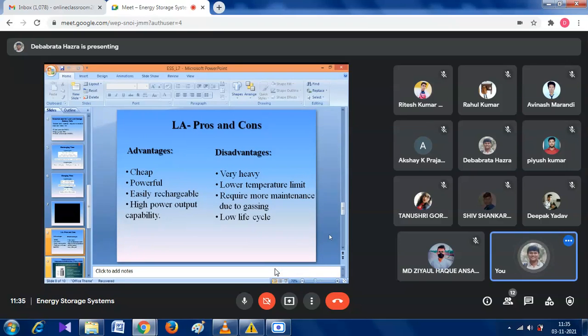But in the case of lithium ion or other types of battery, the charging and recharging cycle is high. So I hope you will understand all these things.